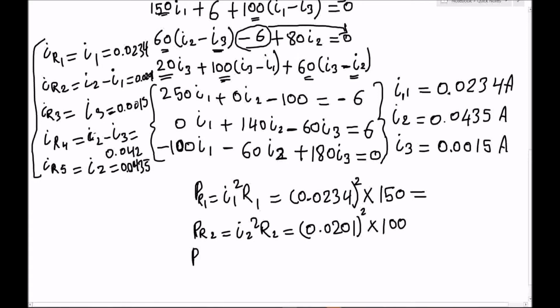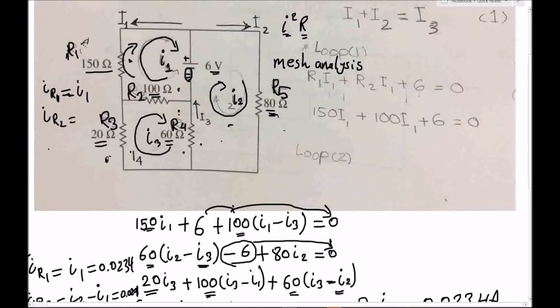PR3 equals I3 squared R3, which is 0.0015 squared times 20.